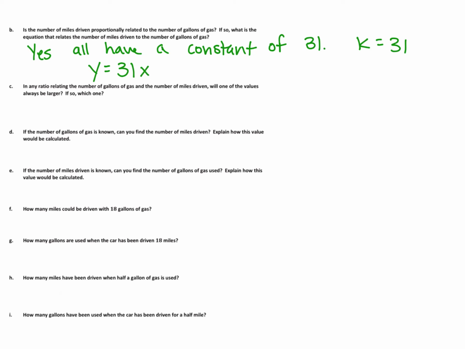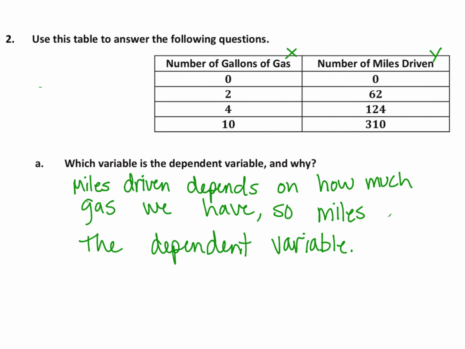C. In any ratio relating the number of gallons of gas and the number of miles driven, will one of the values always be larger? If so, which one? If we disregard 0, 0, it appears that every time the miles driven is going to be the bigger one in comparison to the gallons of gas.